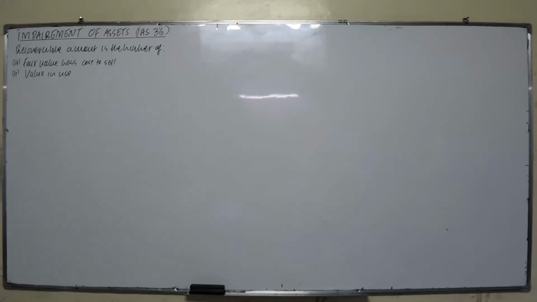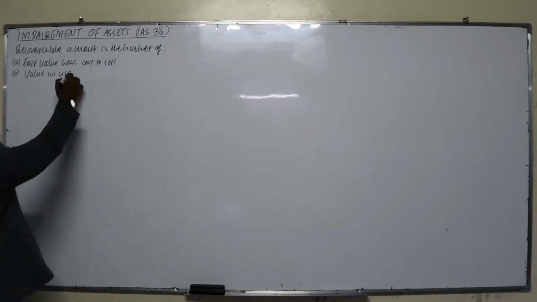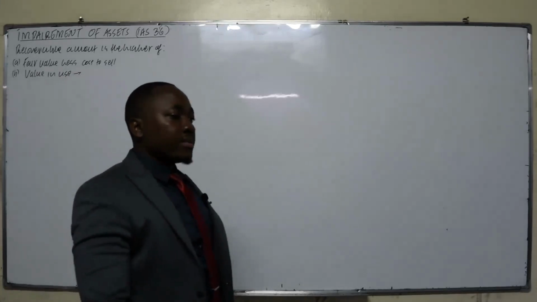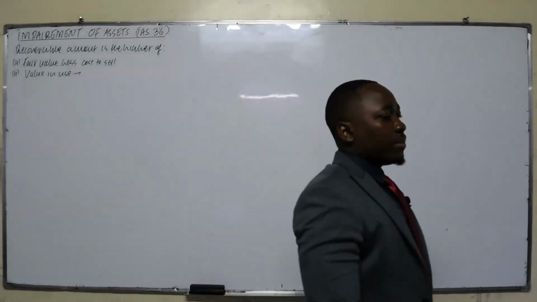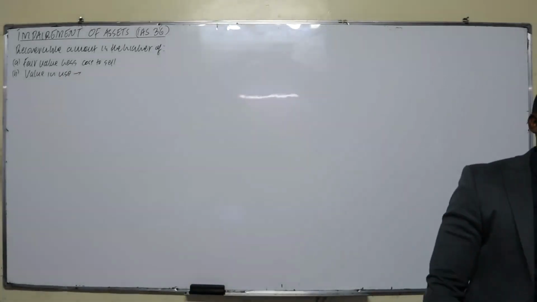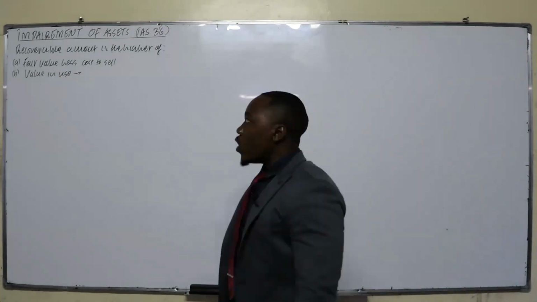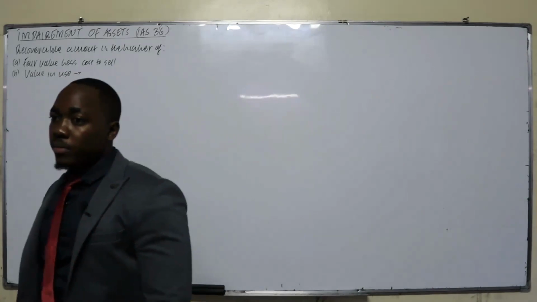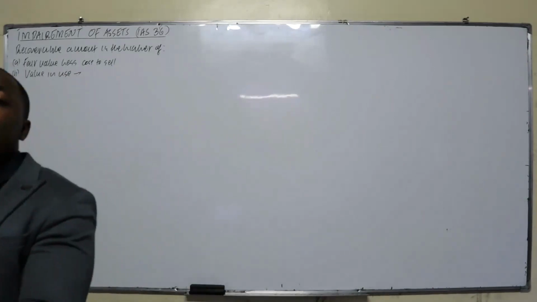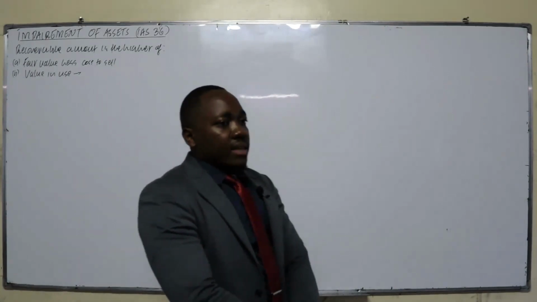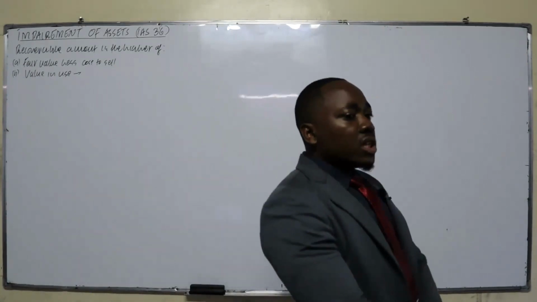So now let's explain the value in use. This is the present value of the future cash flow from the asset's remaining service potential.